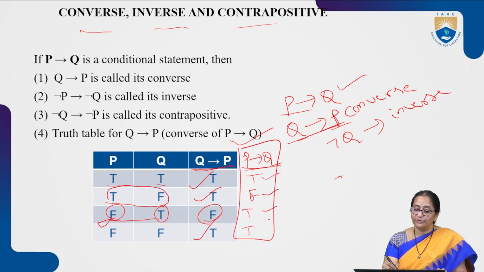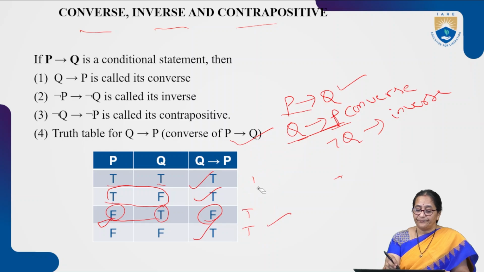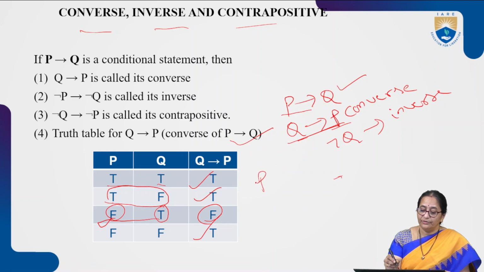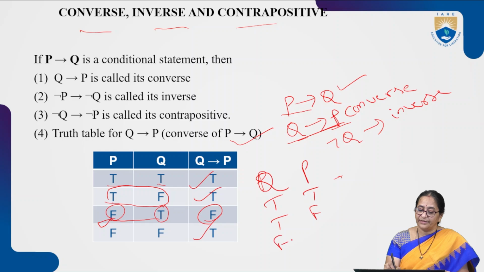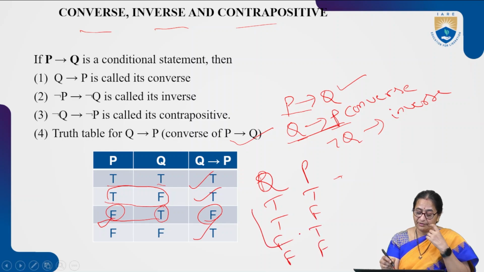Here we have P to Q; we are just conversing: in place of P, we place Q, and in place of Q, we place P. The truth values are TT, TF, FT, FF.